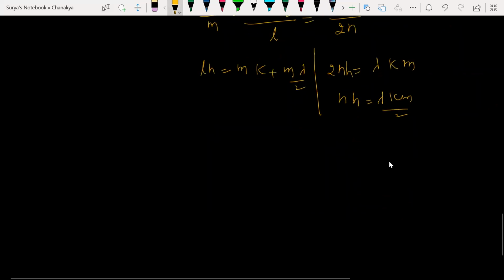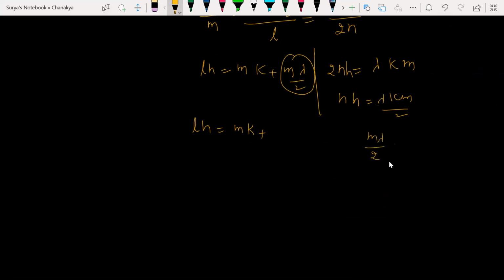Now look at this here. LH is equal to MK plus... here, M lambda by 2 can be written. Look here, carefully look. M lambda by 2, how can I write it? Can I write NH by K?